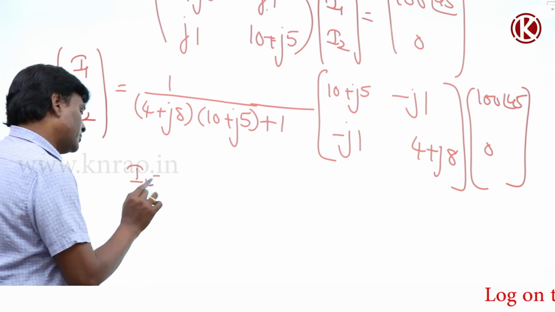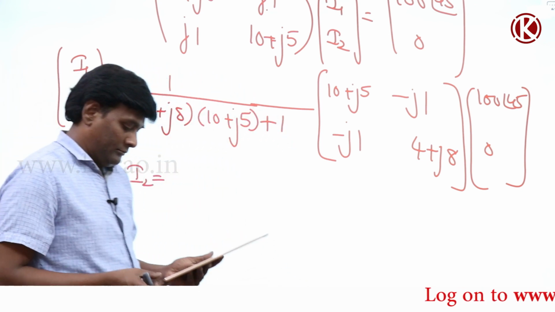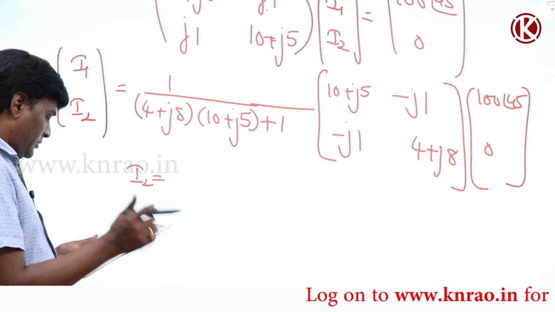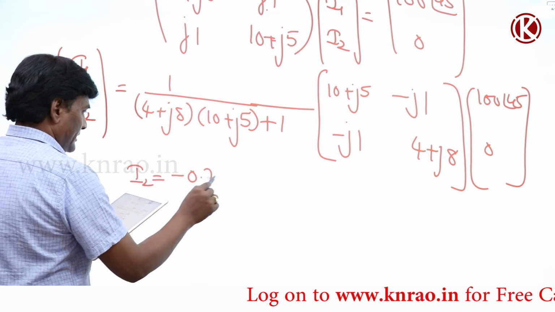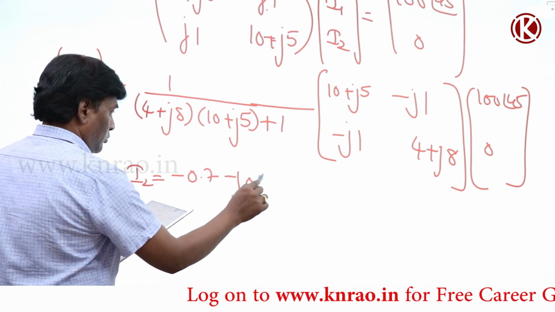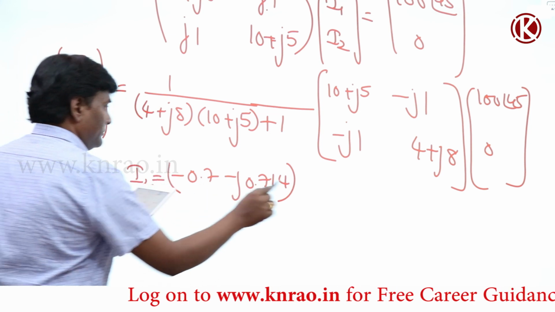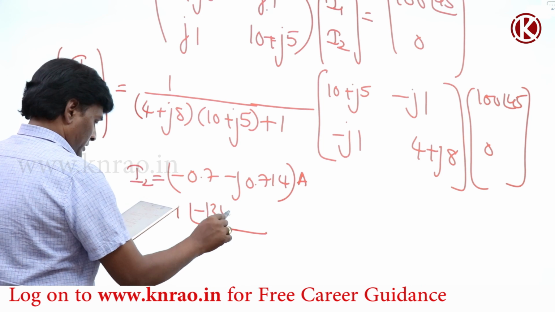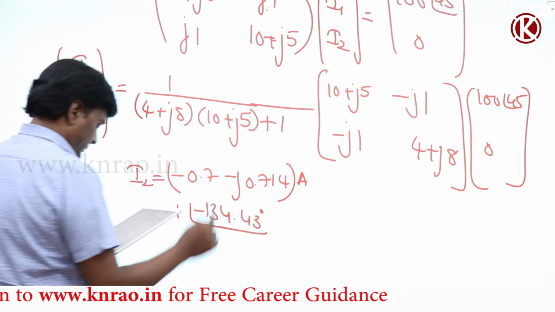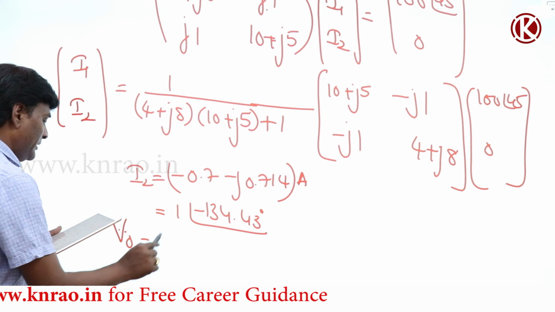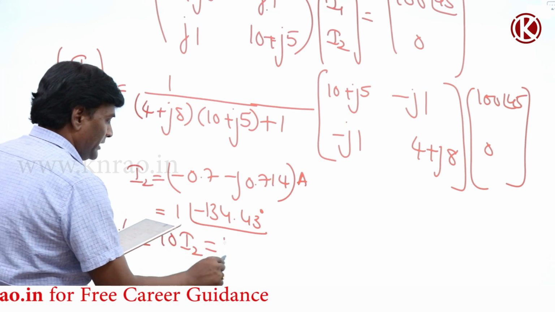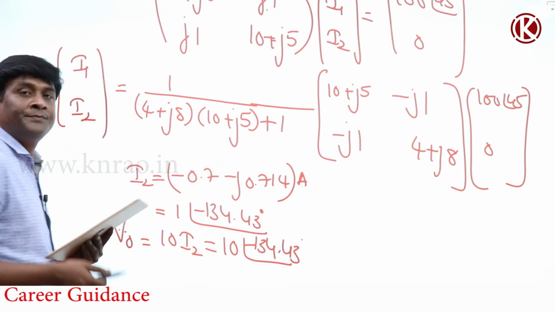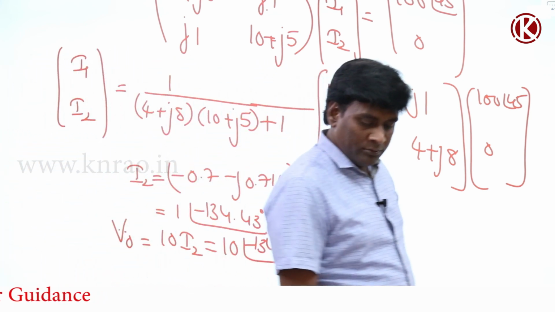So that I2 is minus 0.7 minus J0.714 amperes, or this is going to be 1 at an angle minus 134.43 degrees. And V0 is going to be 10 I2. So it's going to be 10 at an angle minus 134.43 degrees. Okay, so in this way we are going to calculate.